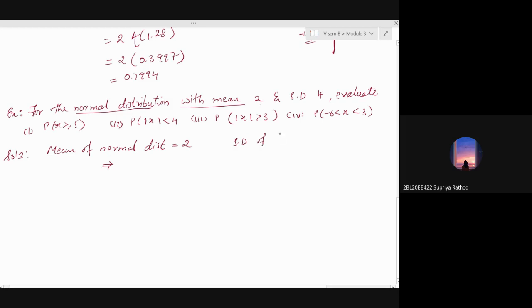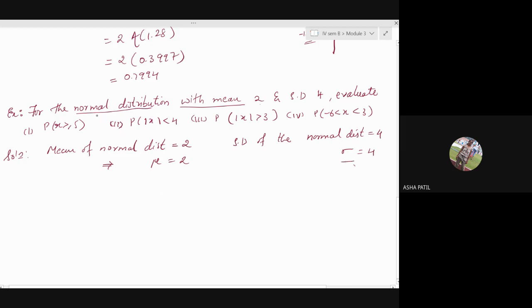Mu, ma'am. Mu only, right? Mu is equal to 2, and standard deviation of the normal distribution is given as 4. Again, sigma is equal to 4. Mu equal to mu here and sigma equal to sigma for a normal distribution. So we'll write mu as 2 and sigma as 4.